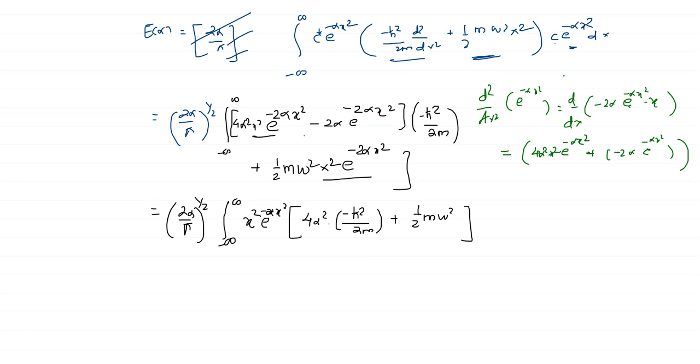And one more term is over here, that will be as it is. This minus will multiply this minus, and I will have a plus term. So plus h bar square by 2m into 2 alpha e raised to minus 2 alpha x square, and this whole is under the integration with respect to dx. Okay, so we have written this down.